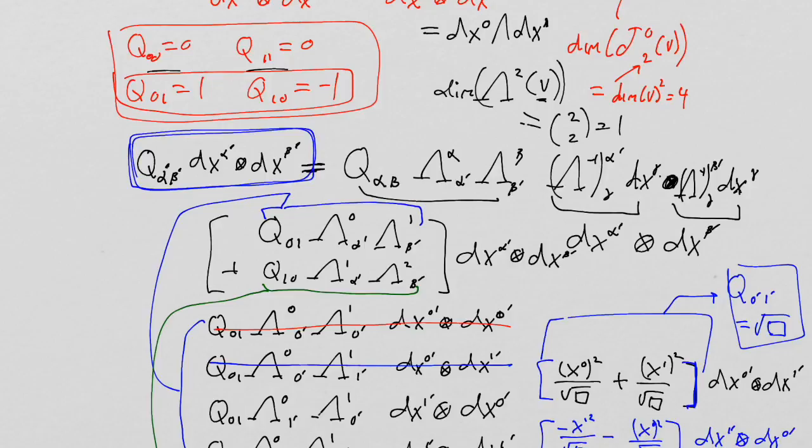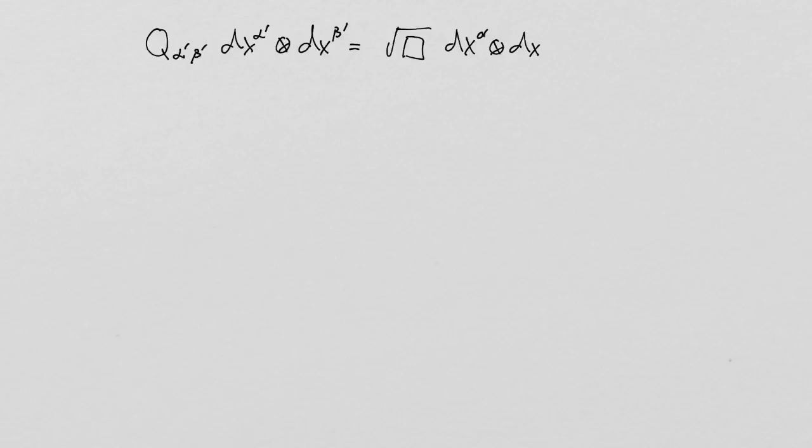We've now figured out what this is, and what that is. q alpha prime beta prime dx alpha prime tensor product dx beta prime is going to equal square root box dx 0 prime tensor product dx 1 prime minus square root box dx 1 prime tensor product dx 0 prime.